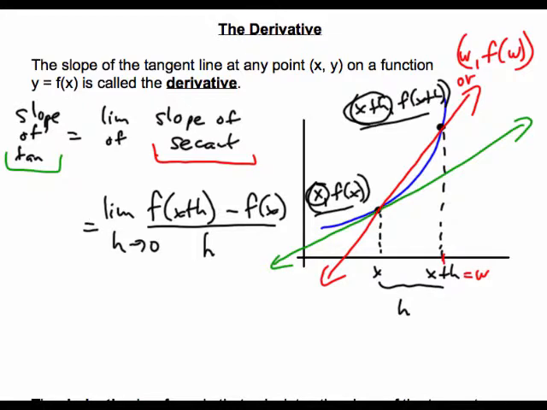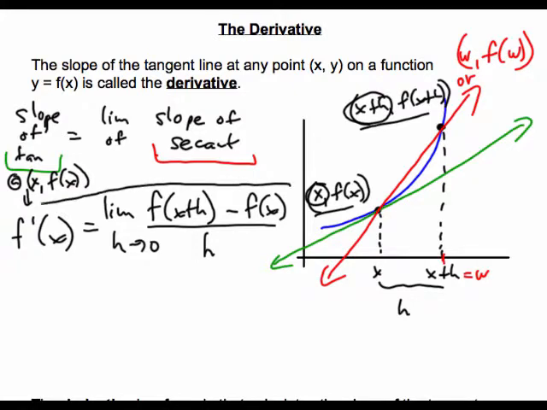And that gives us the slope of the tangent line at x, f of x, which we denote as f prime of x. The slope of the tangent line at the point x comma f of x denoted by f prime of x. And there is one formula, the most common formula for the derivative.